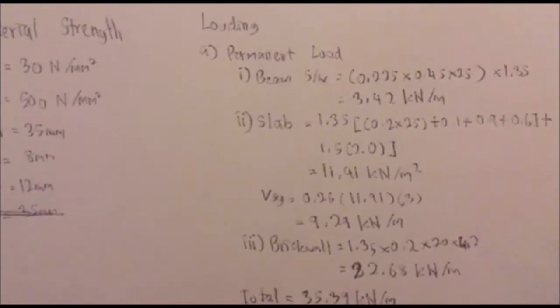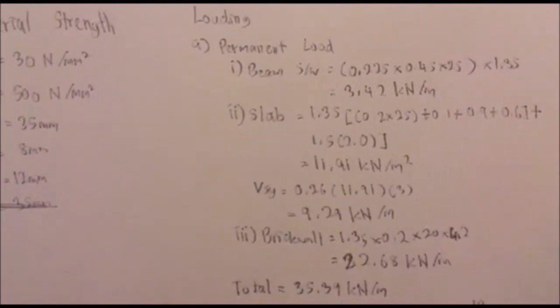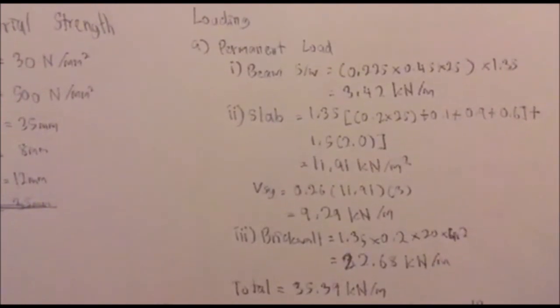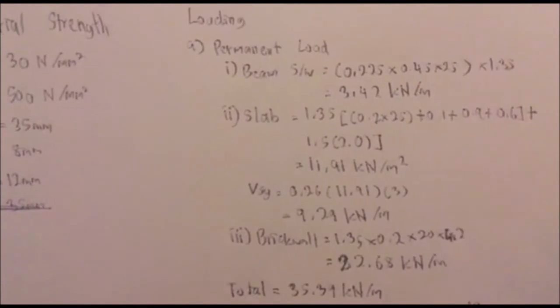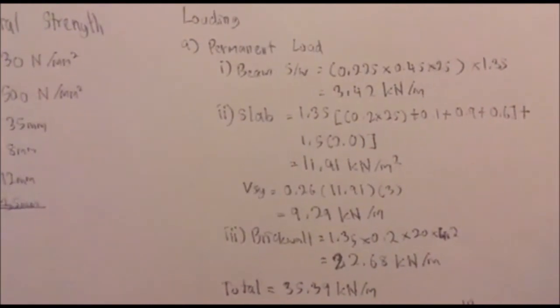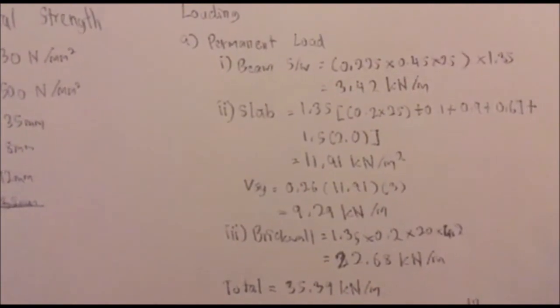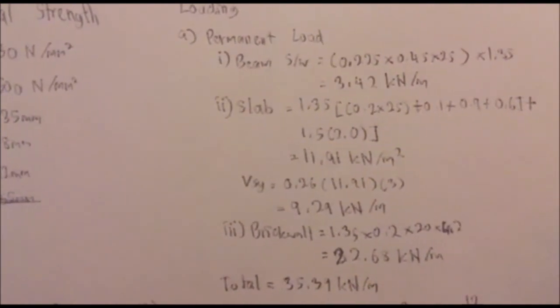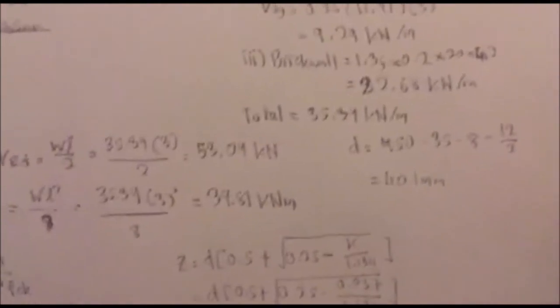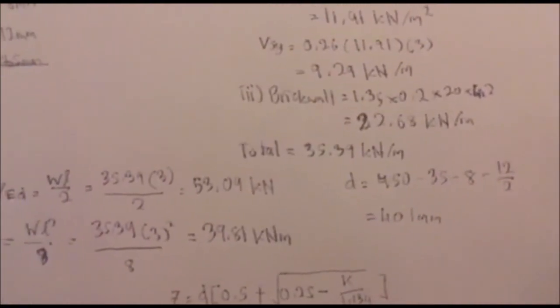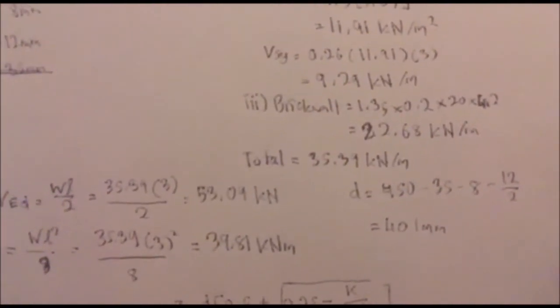The permanent load here is the beam, substrate, slab and brick wall, and the live load is at the slab, which is 1.35 GK plus 1.5 QK. The QK is the live load, which is 2.0. Then we total up the values, and we got 35.39 kN per meter, which is the total design action.